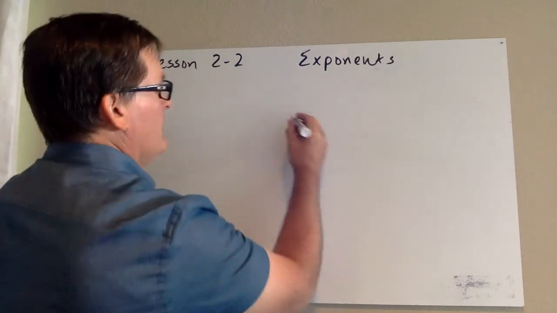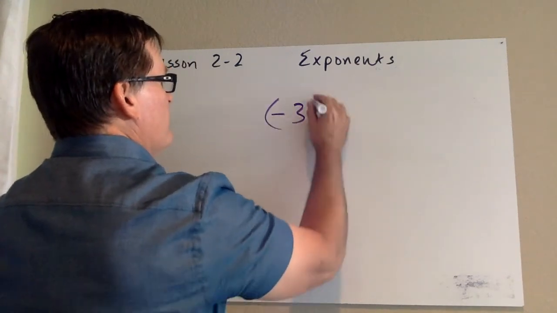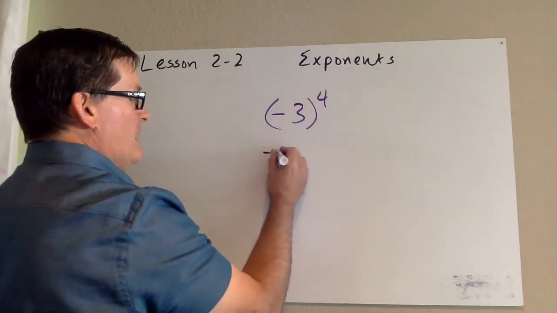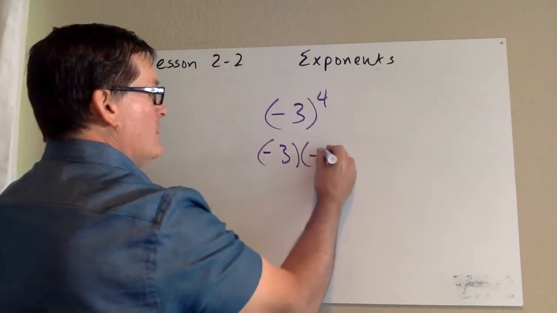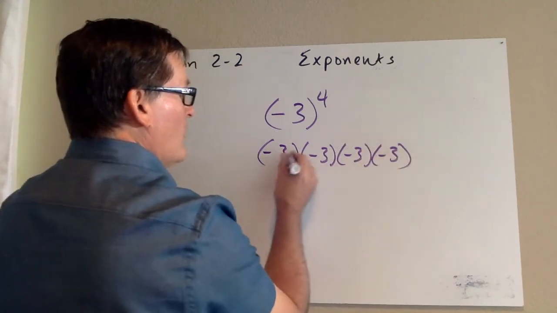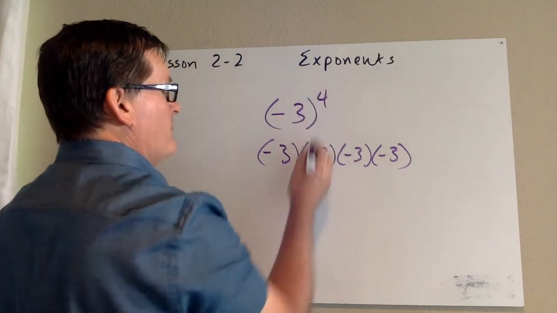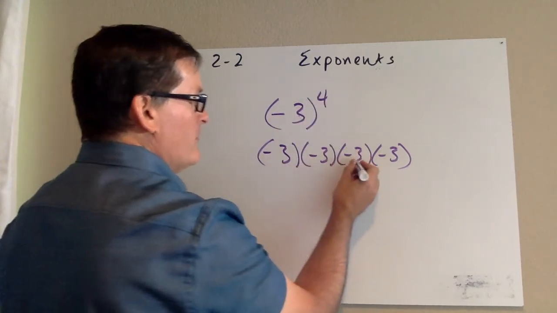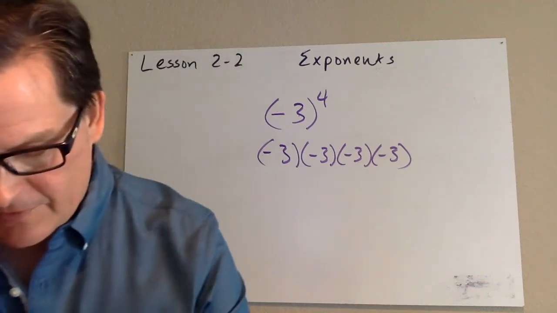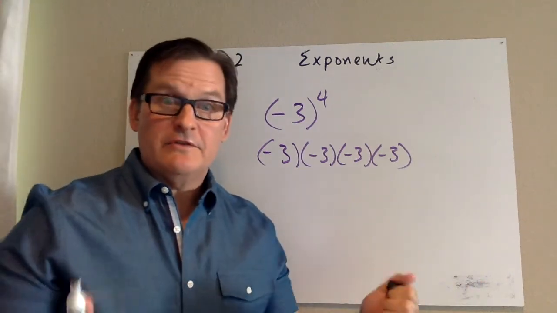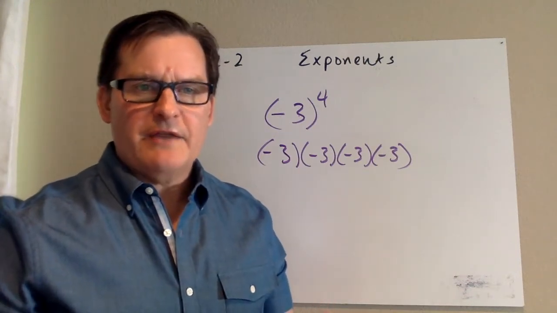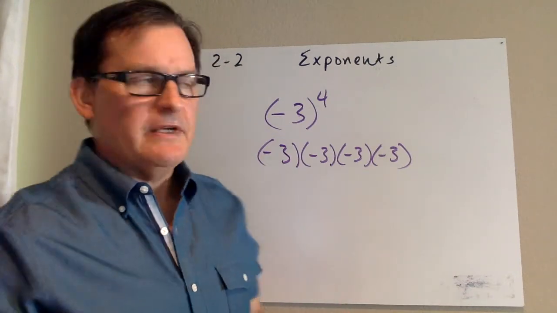Let's look at another one. Inside parentheses, -3 to the 4th power. Same thing. This is telling me to multiply -3, 1, 2, 3, 4 times. Now we better work through this in detail, but some of you may be able to do this in your head for the most part. I would be careful with that, because when you start to work math in your head, that's a time when we often make mistakes.